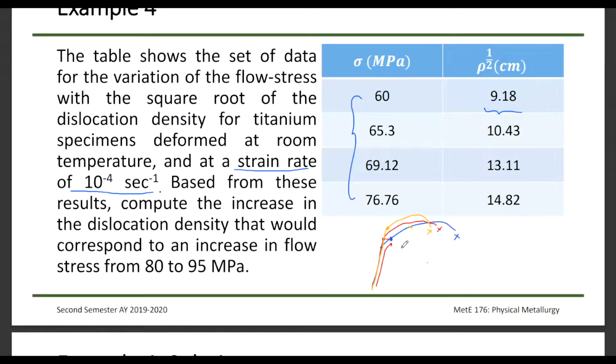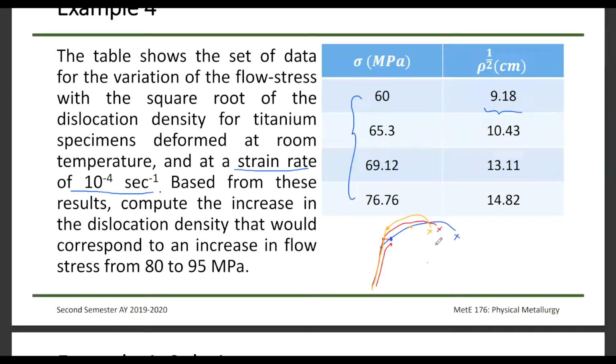So kaya siya tinawag na flow stress because it is the minimum threshold of stress needed to continually plastically deform your material, or in a way continually make the metal atoms flow.